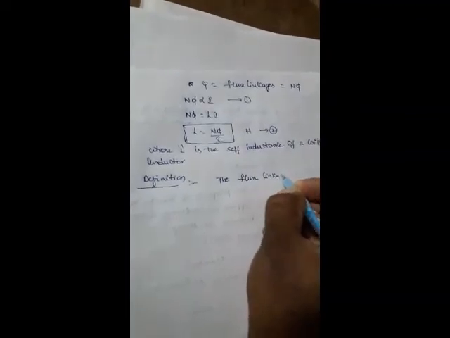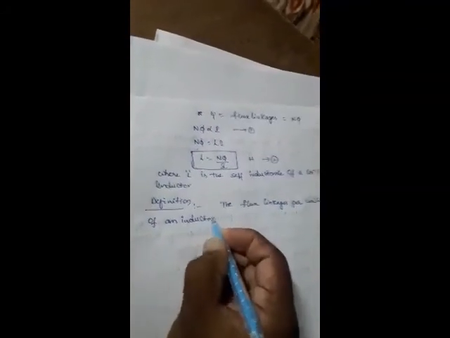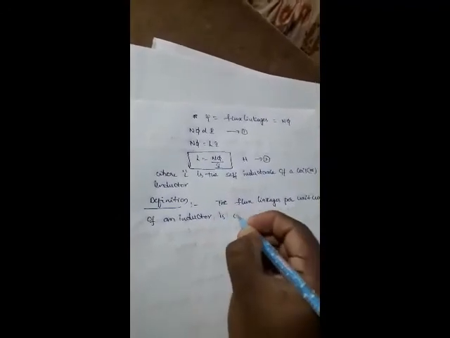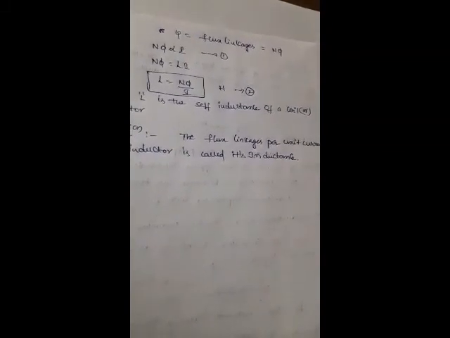The flux linkages per unit current of an inductor is called its inductance.